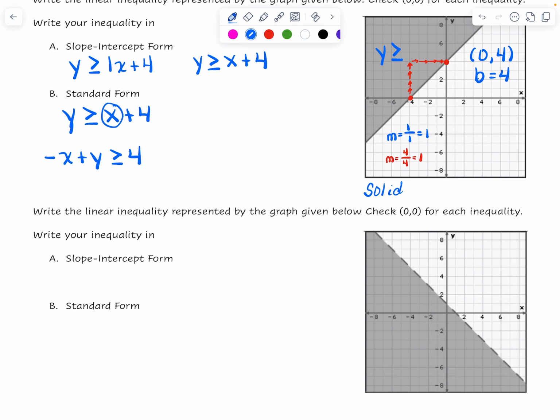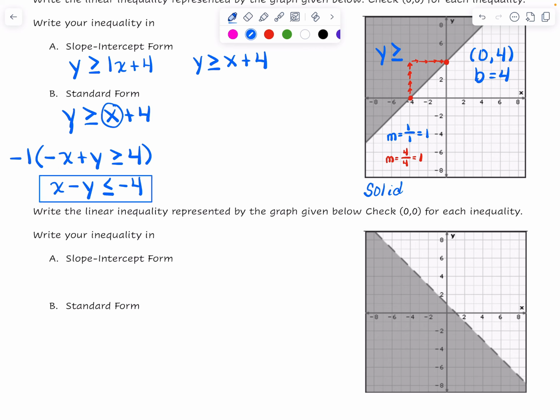Now, because that's a negative x, I'm going to multiply the entire equation by negative, or you can say negative 1. Negative times negative x gives me x. Negative times y is negative y. Negative times a less than or equal to is now going to become greater than or equal to. And negative 1 times 4 gives me negative 4.